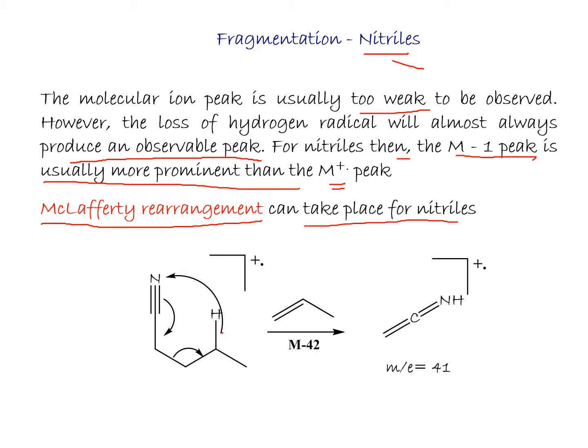Once again, attack, forming a double bond, breaking the bond, getting the neutral part out, forming a cation radical. You start with odd, you eliminate neutral, you get an odd.